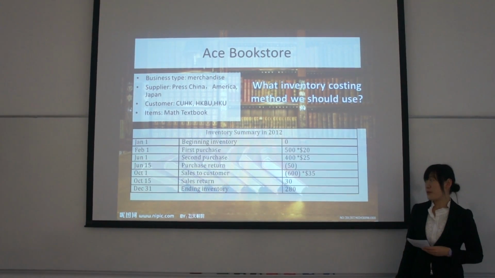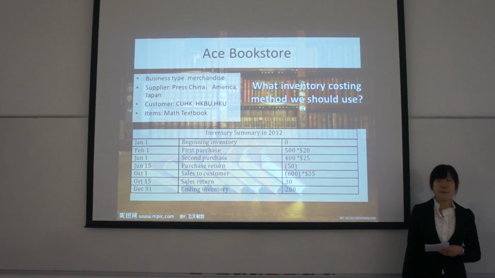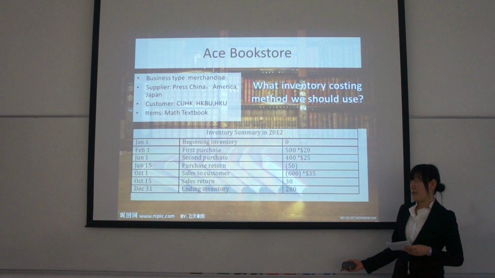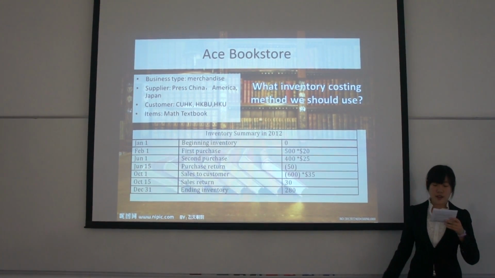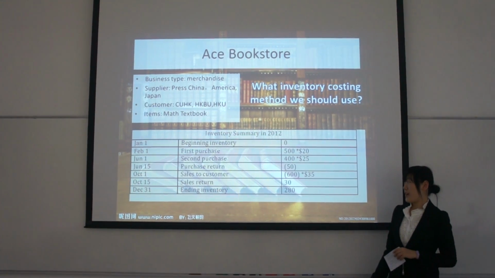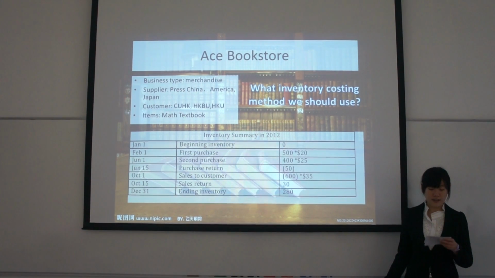Among the 600 books, 30 were found unsatisfactory by our customer. So CUHK returned them to us, and we gave a full refund to CUHK. And at the year end, there were 280 copies on hand.